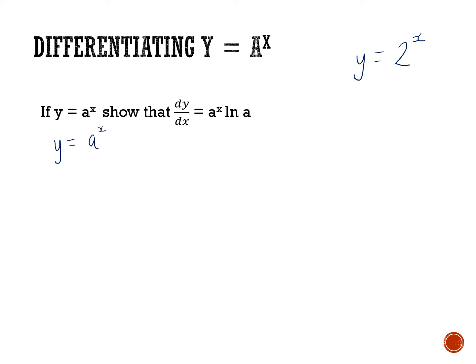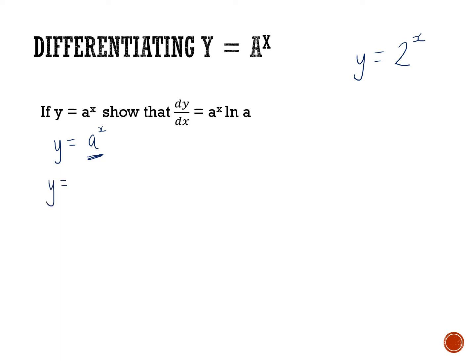Now, what I can do with this is, because I know how to differentiate e to the power something, I can write this as e to the power something.